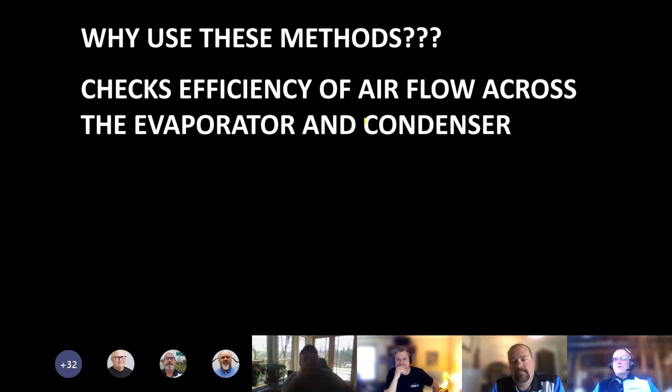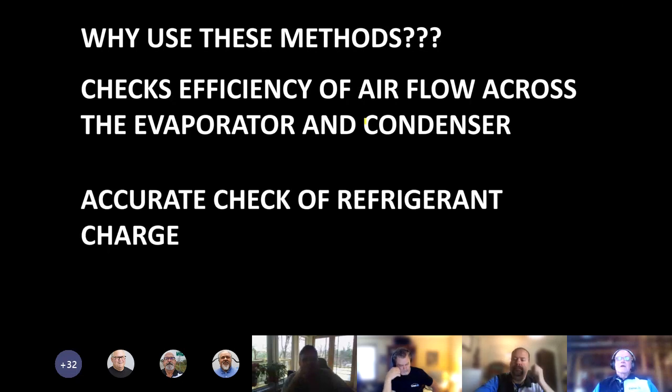This is kind of what we're doing here, but it's much more accurate than just measuring the two temperatures. It is the only really accurate way of checking refrigerant charge. And again, commercial and industrial refrigeration, that's what they charge to. They charge to superheat if it has a TXV or subcool if it has an orifice.